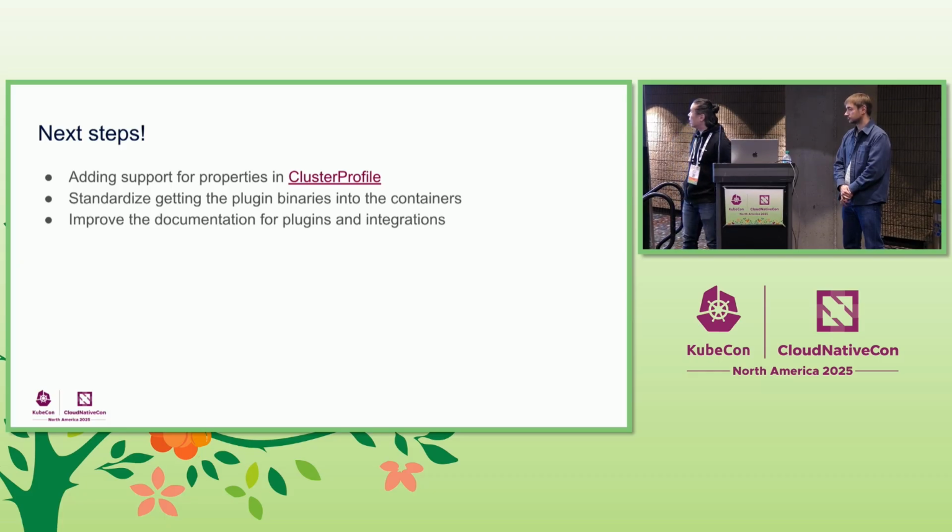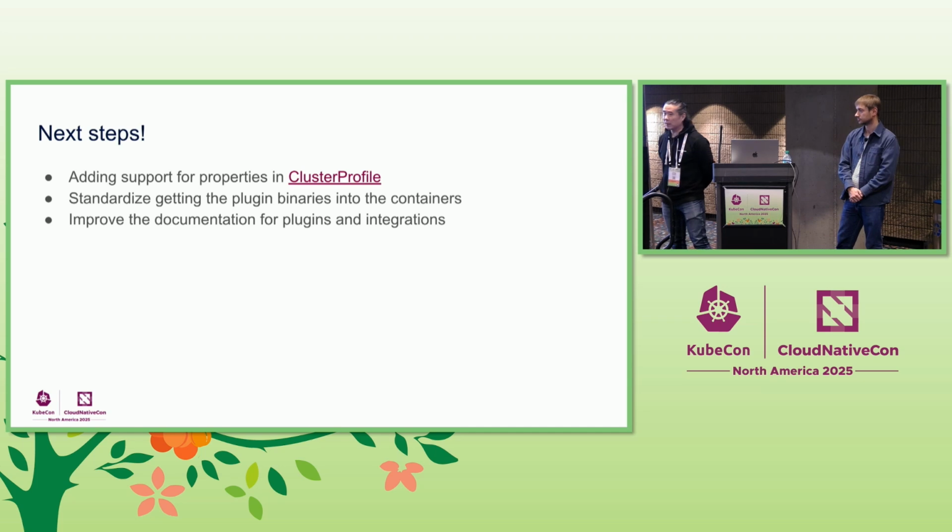And also, as Corentin mentioned, currently we just bake the plugins into the Docker files. That works, but we are not 100% sure if that's going to be the standard way to go. So we also want to hear from the community how you prefer to do that. And the third one is definitely for us, and maybe the community can help: improving the documentation.